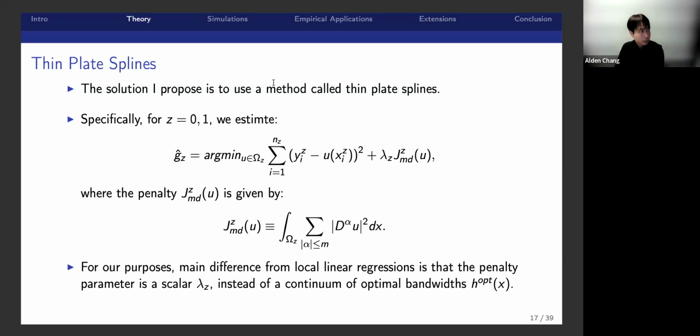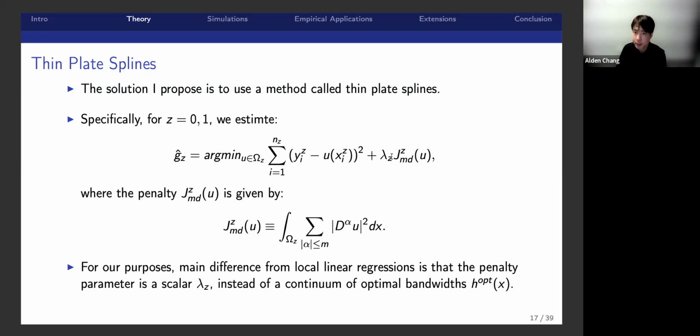Yeah, that is a possibility. I think there is some statistical work that has tried to relax this restriction for thin plate splines to allow the penalty parameter to vary. But it's a trade-off, right?